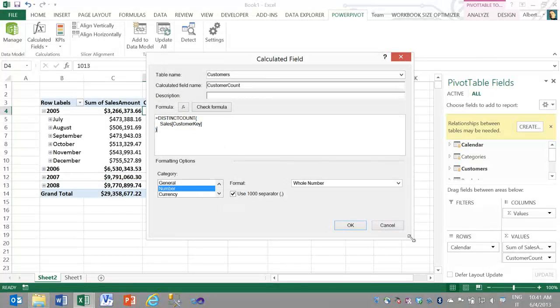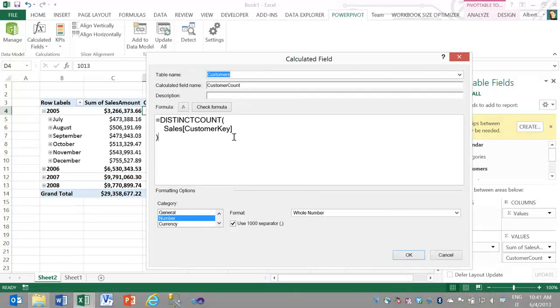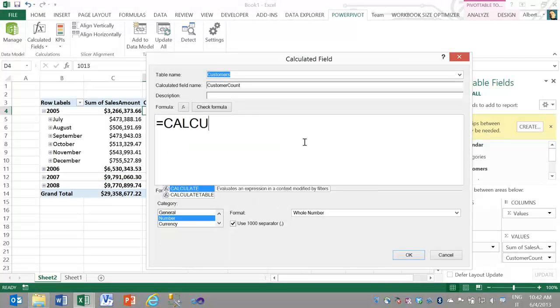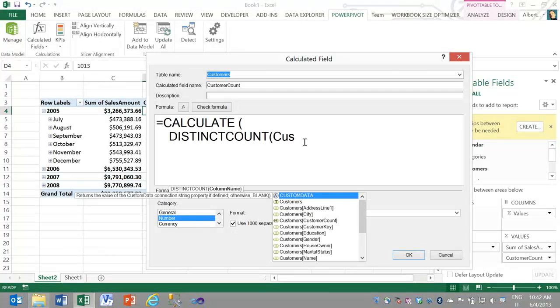And instead of writing distinct count of customer key, you need to start writing some slightly more complex DAX code, but not really too complex. Now let's start from scratch. It's easier. What you need to do is compute the distinct count of customers.